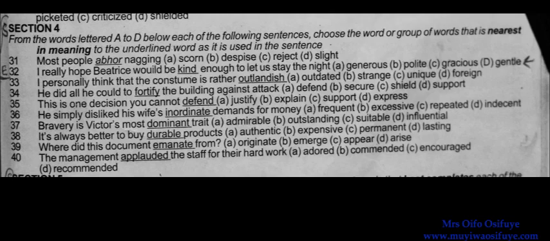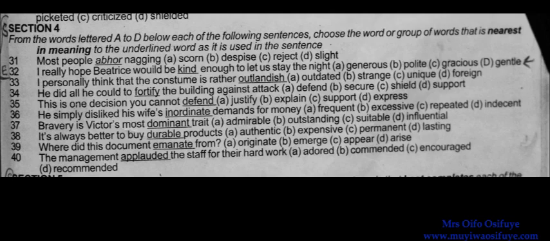And from those options, we are looking for the word that is nearest in meaning to the underlined word, kind. So the word that is nearest in meaning to kind in the options given is what?